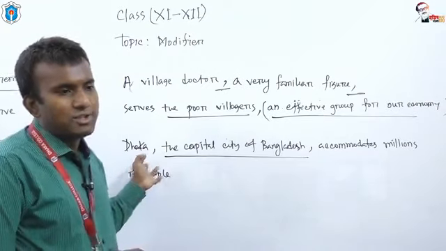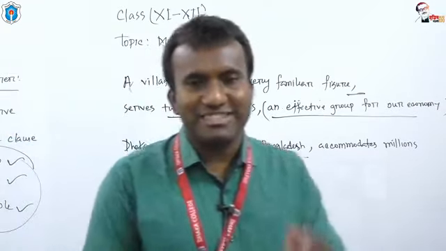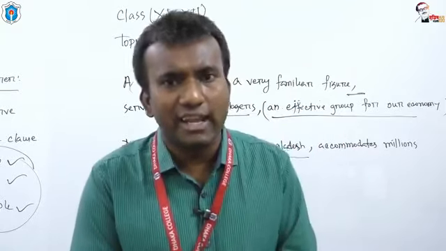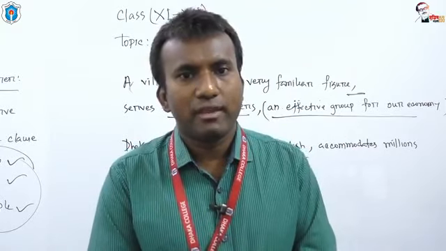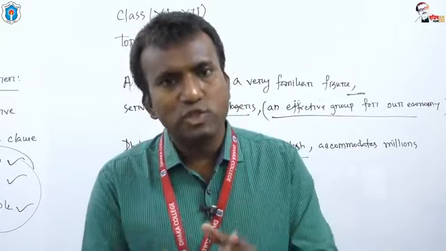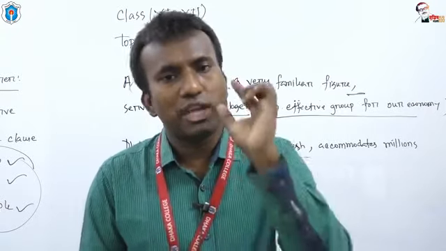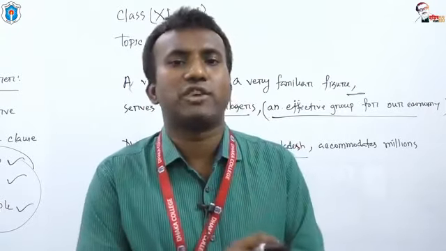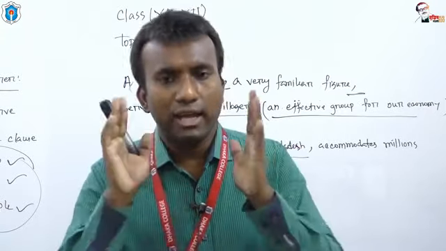Okay. So up to this part you have got some knowledge regarding appositive. Appositive refers to additional information about a noun or pronoun or noun phrase. And one thing must be kept in mind, dear students. I have forgotten one thing to tell you.